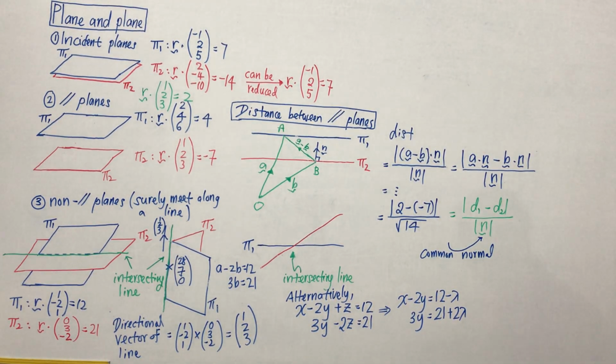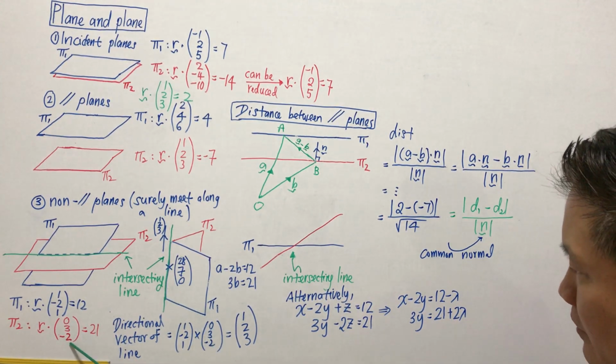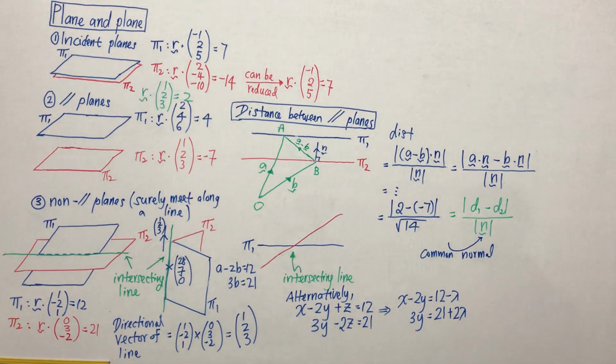So we can then affirm that this point truly is on this green line by verifying that this point is on the first plane and this point is also on the second plane. So I've given you a method to find a point on the intersecting line. Of course, if you're very clever, you could potentially just spot this point without any calculation.